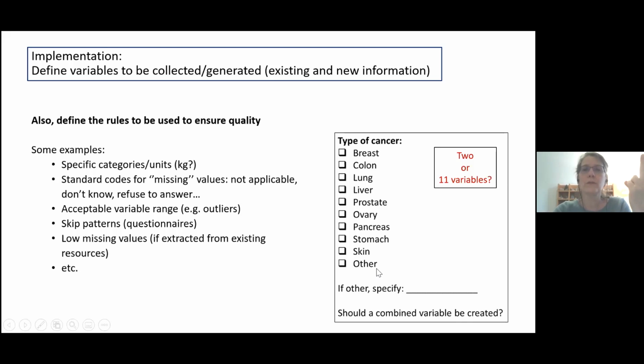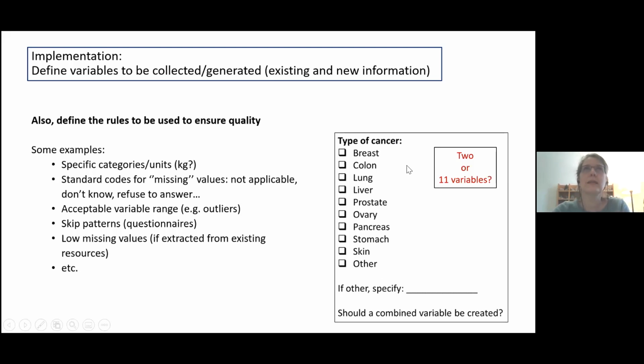So that means 2 variables. Or you can have 11 variables with breast, colon, lung, liver, a check for each. But if you do a check for each, is it better to have a yes, no for each? So the format of the question could be breast, yes, no, colon, yes, no.